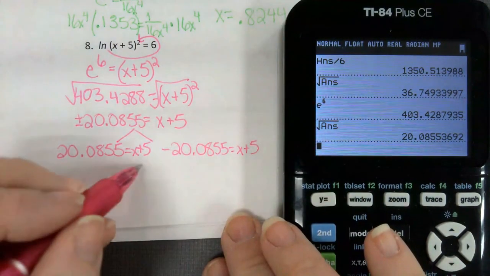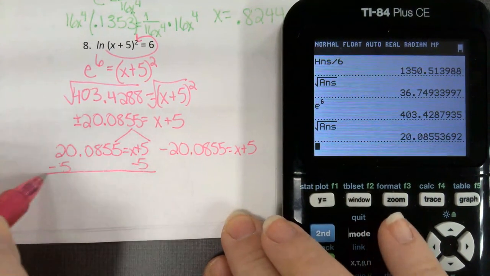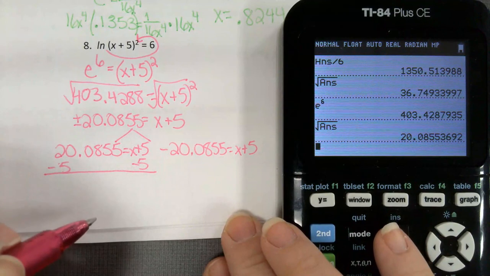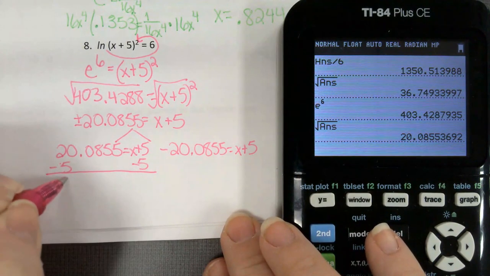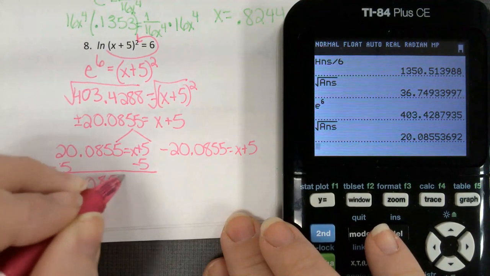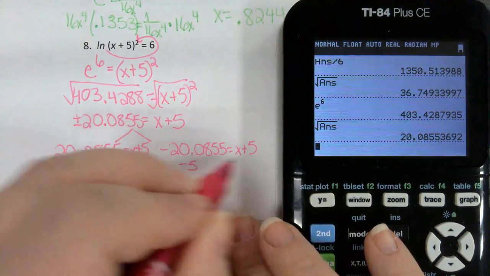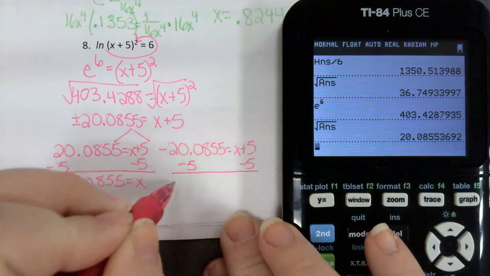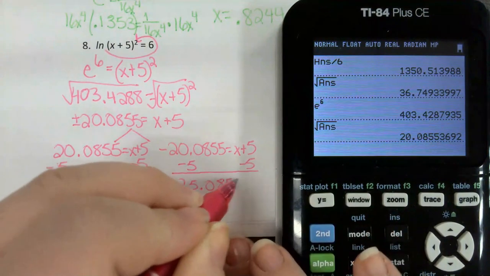Because when I subtract 5 from both sides, I will now get two different numbers. It's not the same as just multiplying by a number. So I will have 15.0855 equals x, and on this side, subtracting 5 from both sides will give me negative 25.0855.